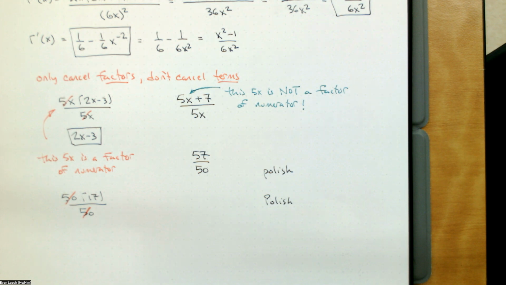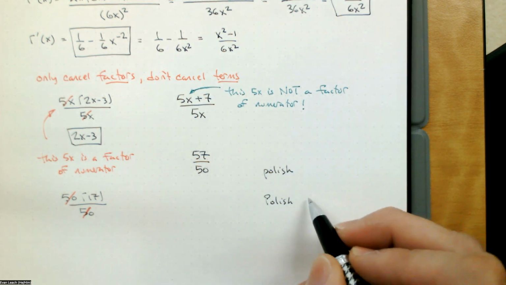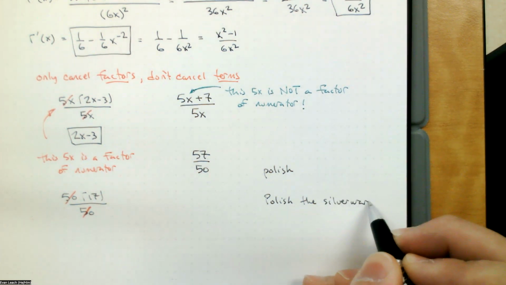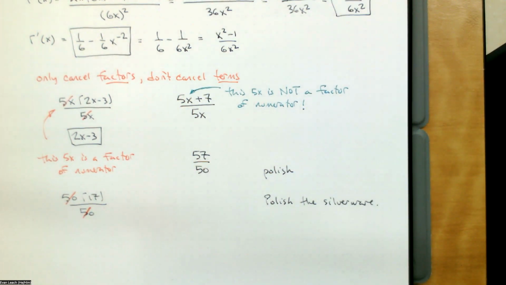We say Polish, right? So if I put it in a sentence, we would say Polish the silverware, right? Oh, no. It's like, screw you, English. At least in math, our symbols mean something, which is part of the problem.